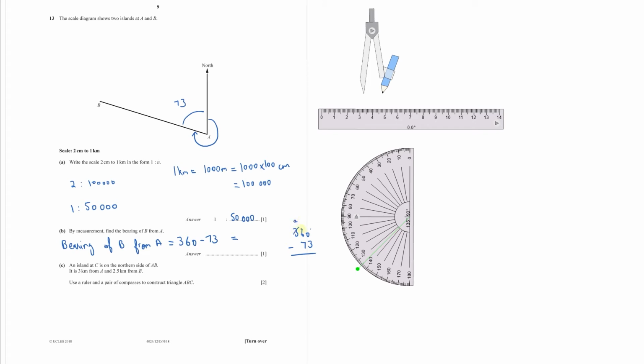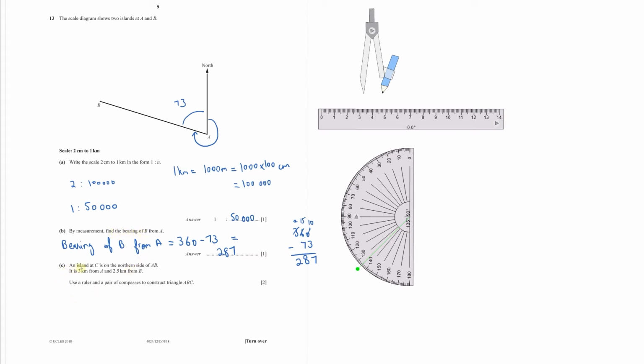So this becomes 15, and this becomes 10. So 10 minus 3 is 7, and then 15 minus 7 is 8, and then 2 minus 0 is 2. So this is 287, your bearing of B from A.